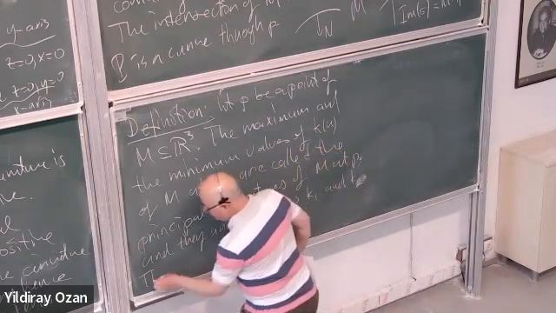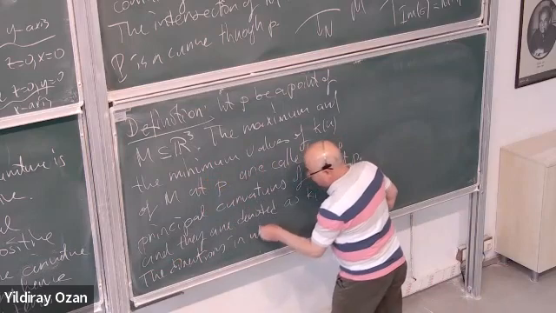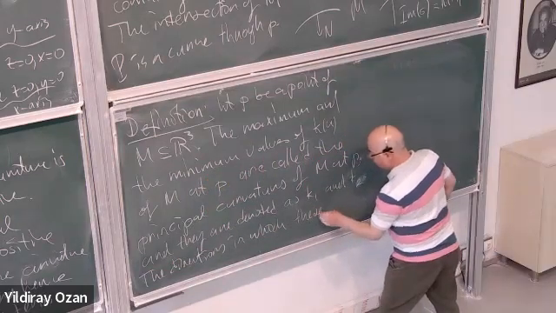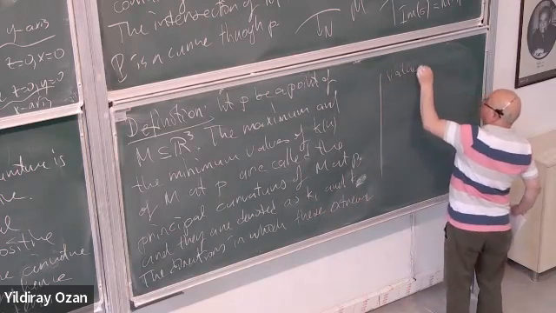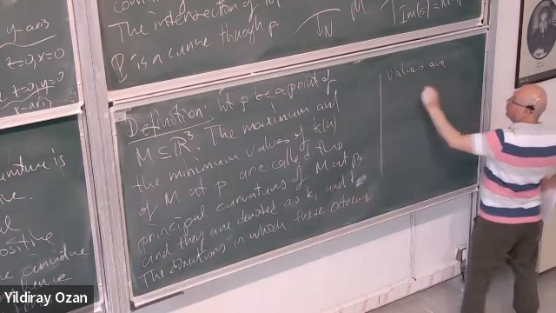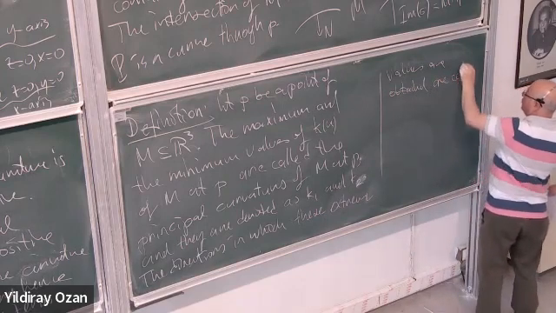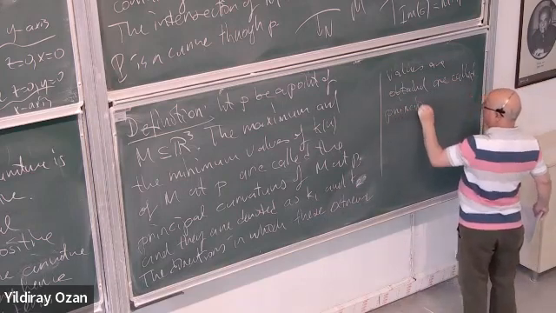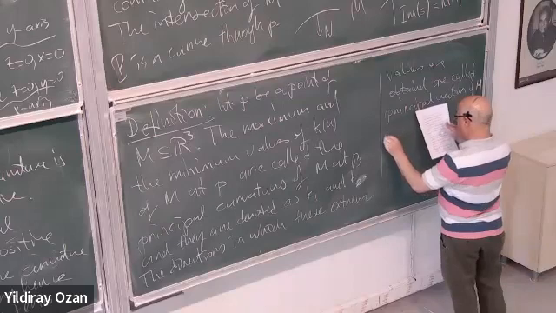The directions in which these extreme values are obtained are called principal vectors of M at P.